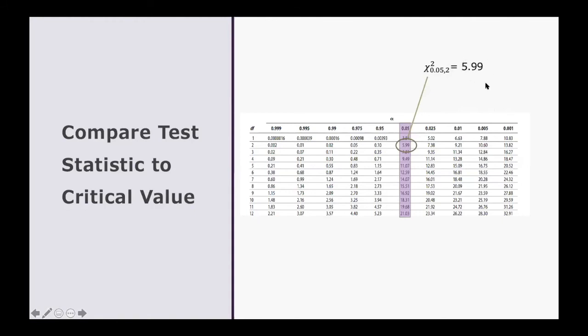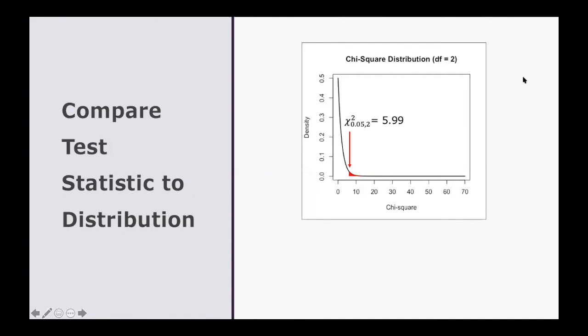So if our calculated chi-squared test statistic is greater than this critical value, then we would reject the null hypothesis. And if our calculated chi-squared value is less than this critical value, then we would not reject the null hypothesis. Now, these are the critical values, but we can just as easily calculate the p-values directly from this chi-squared distribution.